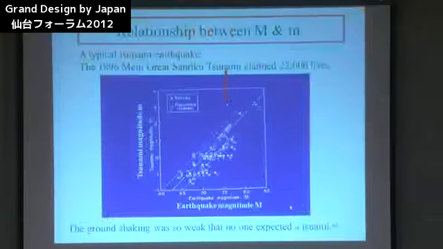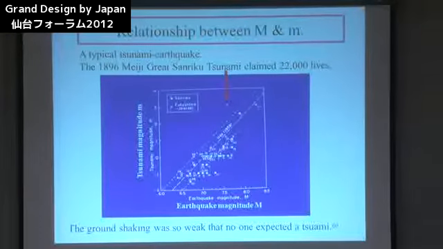As I told you at the beginning of my talk, the Meiji tsunami was a tsunami earthquake. The earthquake was small, therefore no one tried to evacuate, and many people were killed.